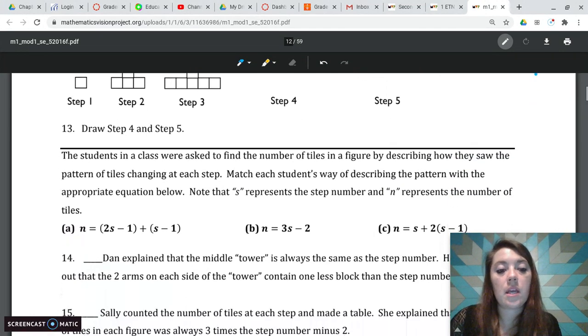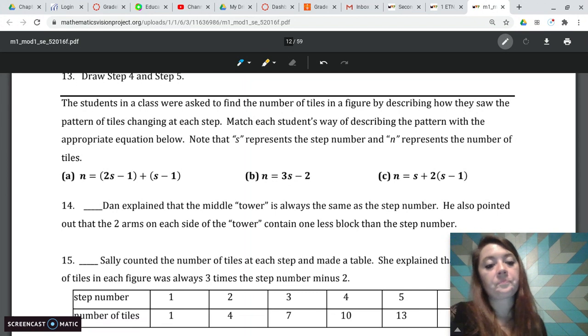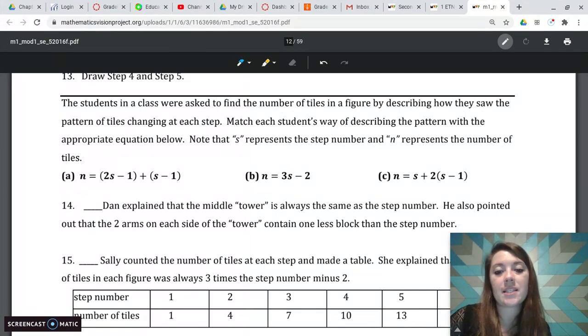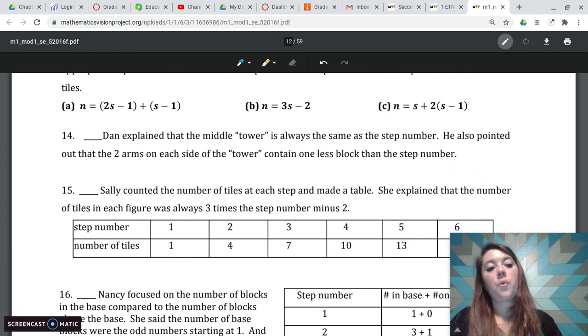The students in class were asked to find the number of tiles in a figure by describing how they saw the pattern of tiles changing at each step. Match each student's way of describing the patterns with the appropriate equation below. Note that S represents the step number and N represents the number of tiles. So we have our different equations.